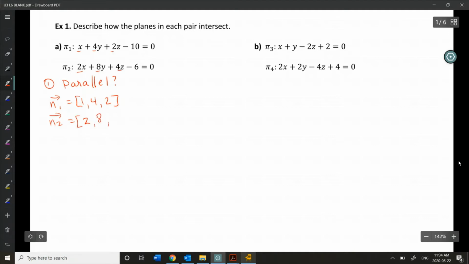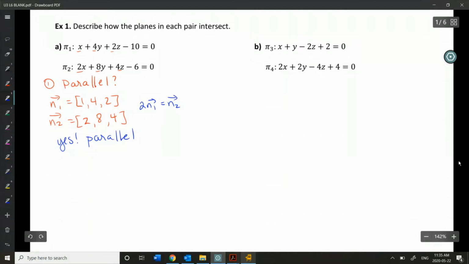I usually like to decide this by observation, but you can also figure it out mathematically. I can see right here that 2 times normal 1 is equal to normal 2, making these normals parallel or collinear. So if my normals are parallel, then my planes are parallel. Are they parallel? Yes, the planes are parallel here.